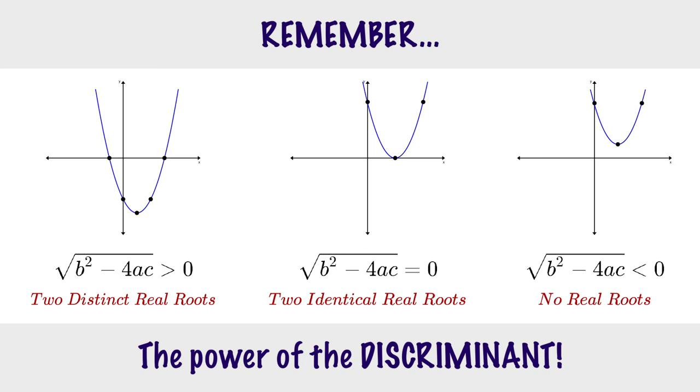So just as a reminder, if it's greater than 0, this is the discriminant, just this little piece here, you have 2 distinct real roots. If it equals 0, 2 identical. Less than 0, no real roots. So the discriminant itself is just the piece inside the radical sign, b squared minus 4ac.